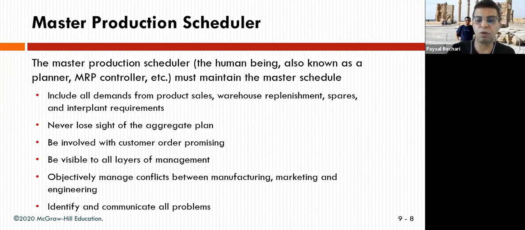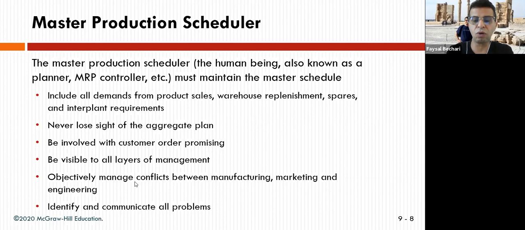It should be visible to all layers of management, so management sees where the production is, what the process of production is, and when it is happening. It also helps manage the conflict between manufacturing, marketing, and engineering.